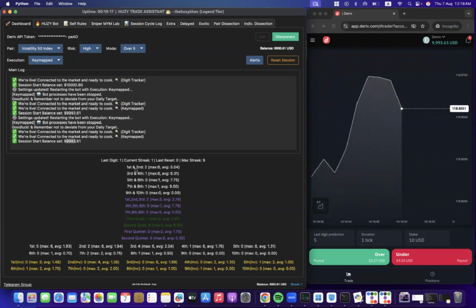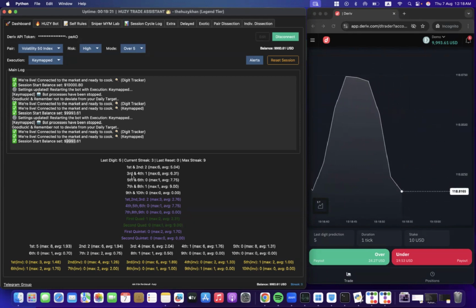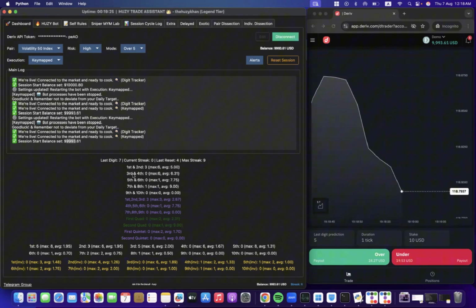Okay, now we're going to wait for them to reset. 1, 2, 3, 4, and because it reset on 4, the reset conditions over here were either 3 or 4. That is why the third and fourth counters reset to 0. All right.